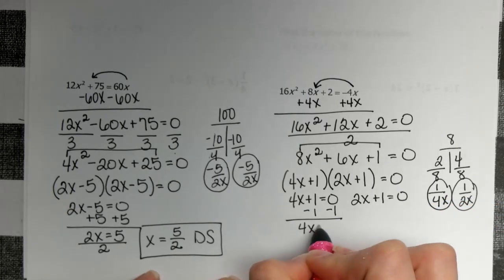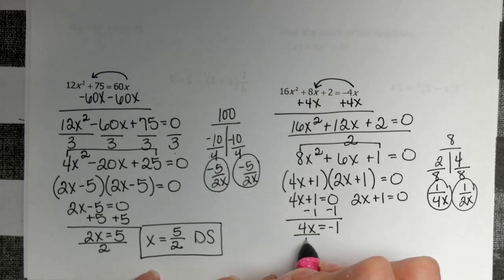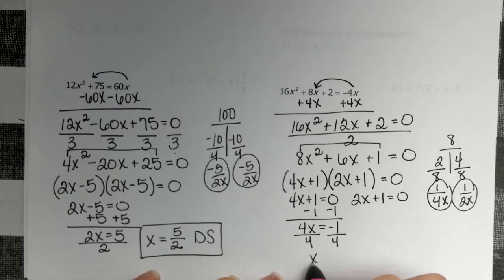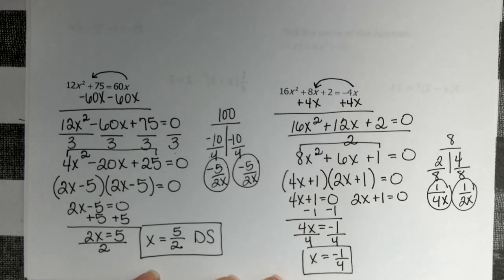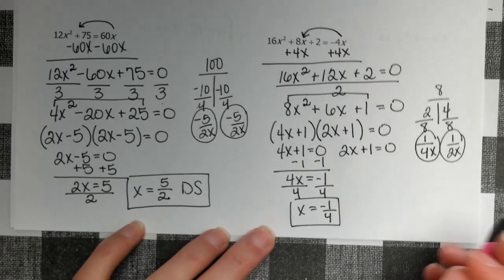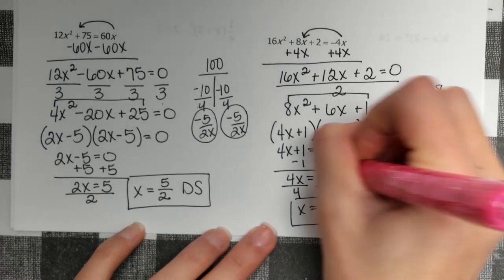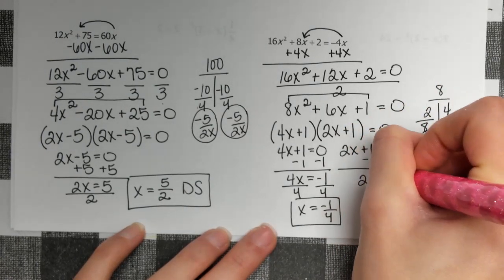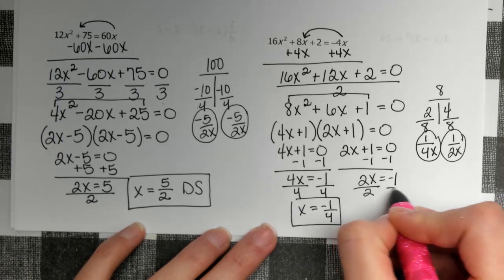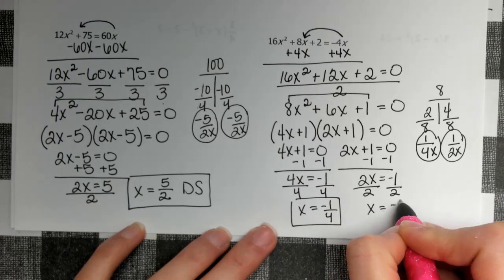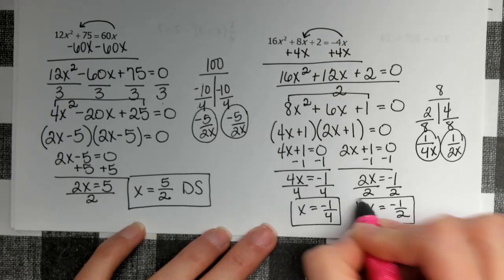Subtract your 1, 4x equals negative 1. Divide by 4, and x equals negative 1/4. Subtract your 1 again, 2x equals negative 1. Divide by 2, x equals negative 1/2.